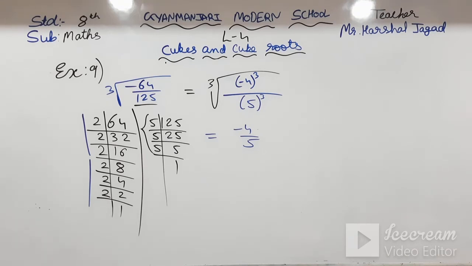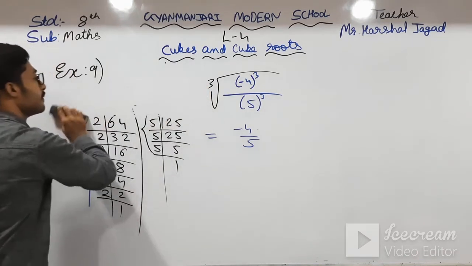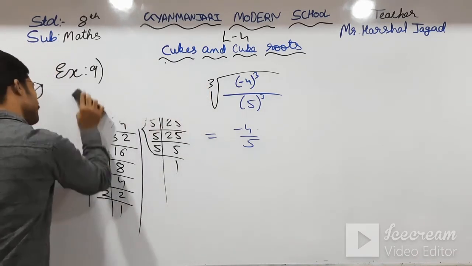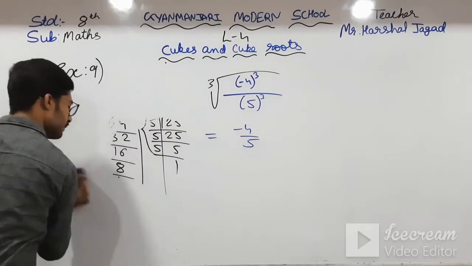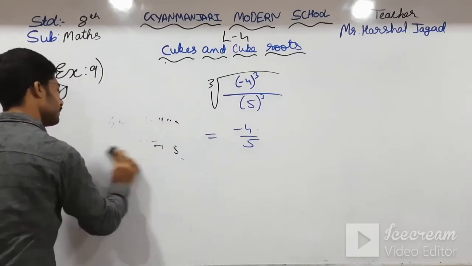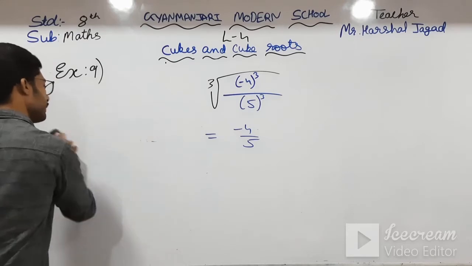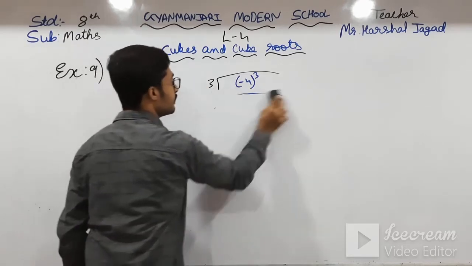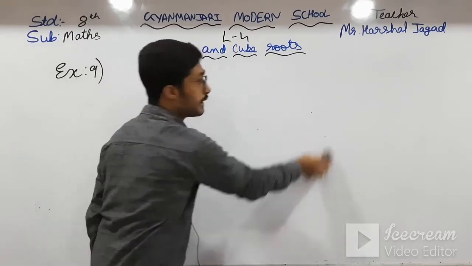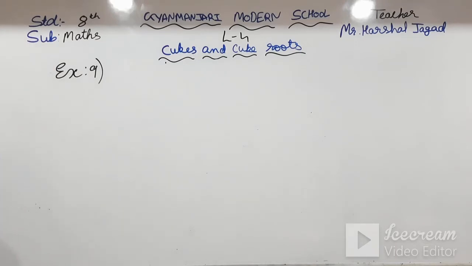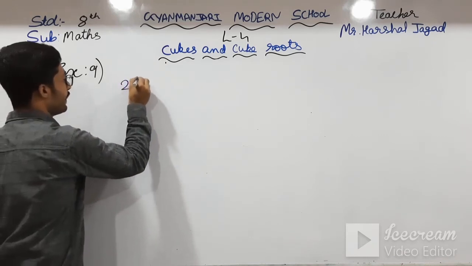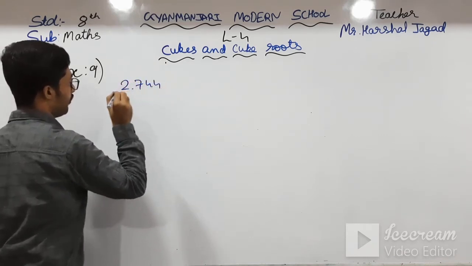And the another one, E. So the E is 2.744.